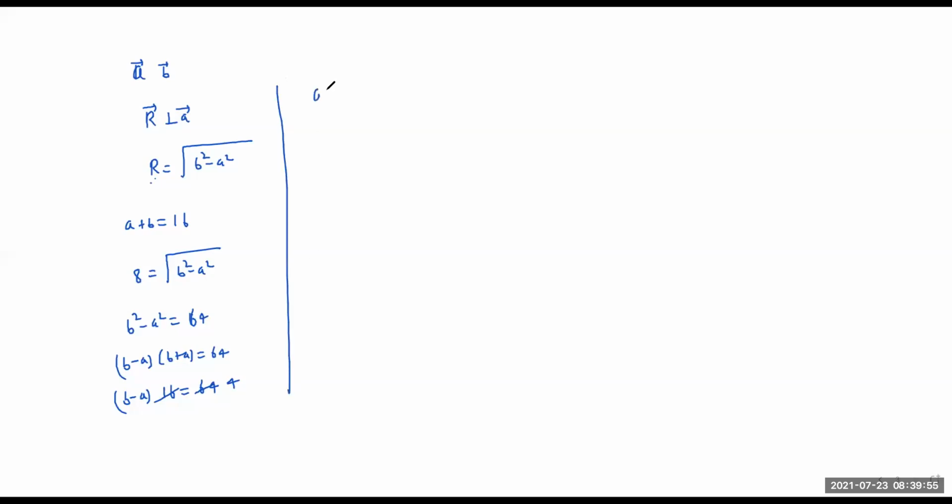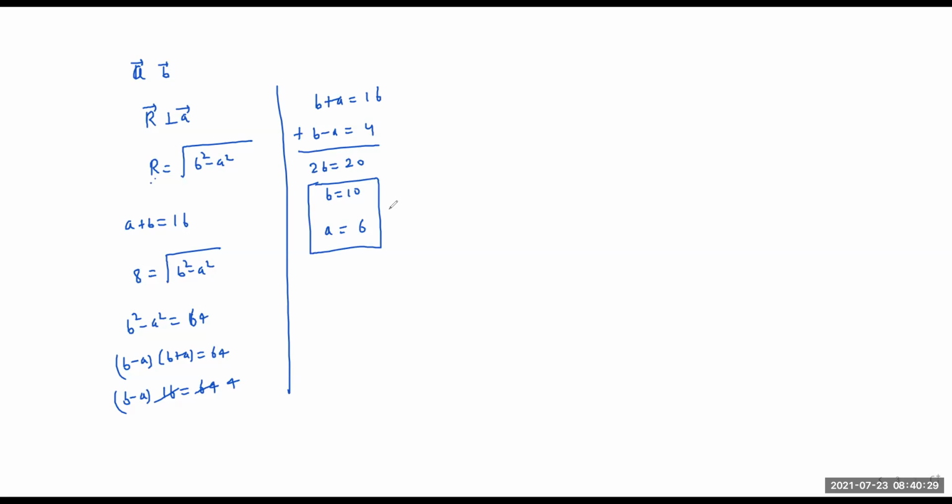So now we have two linear equations: B plus A is 16, B minus A is 4. We can solve these by adding. You'll get 2B equals 20, so B is 10. Because B is 10, finding A is not difficult. A will be 6 Newton. So these are the two answers.